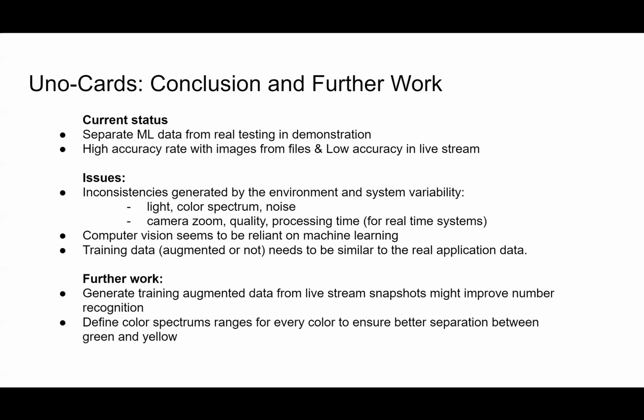We got a high accuracy rate with images from files and low accuracy in a live stream due to variable conditions. We got a few issues, which are inconsistency generated by the environment, light, color spectrum, noise, camera zoom, quality, processing time.